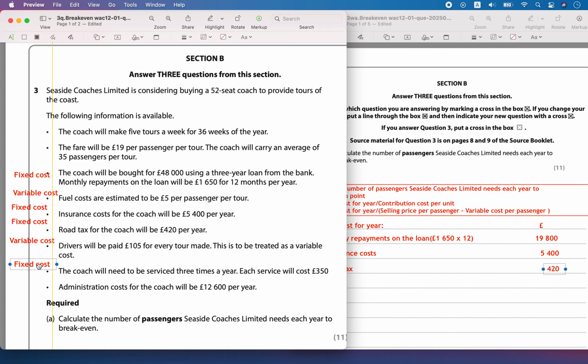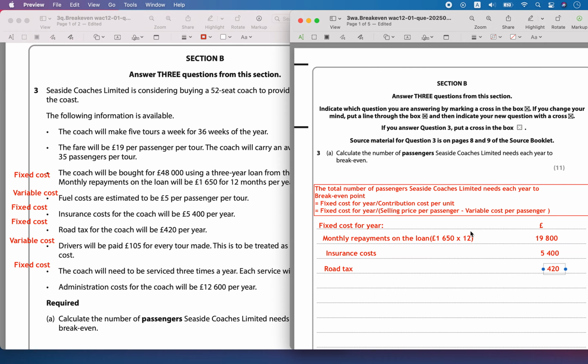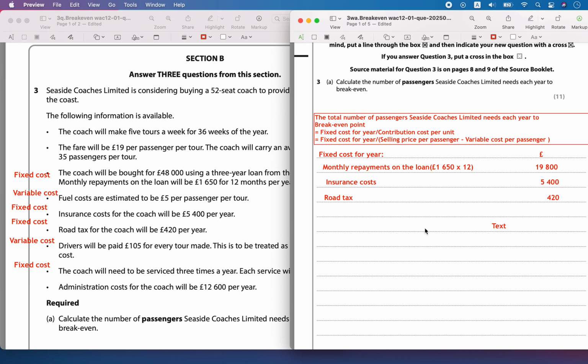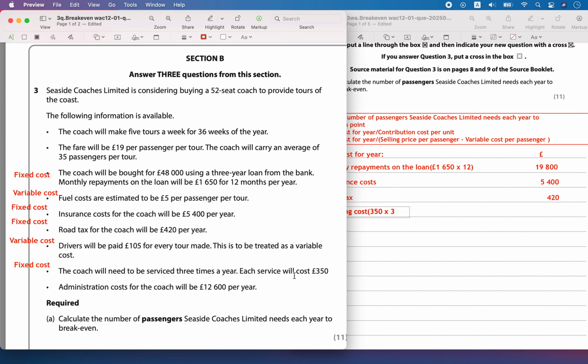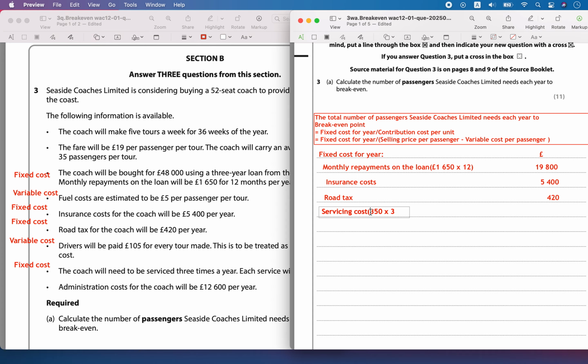This is not dependent on the number of passengers. It is a servicing cost and it is a fixed cost. So 350 times 3 is equal to 1,050 pounds.